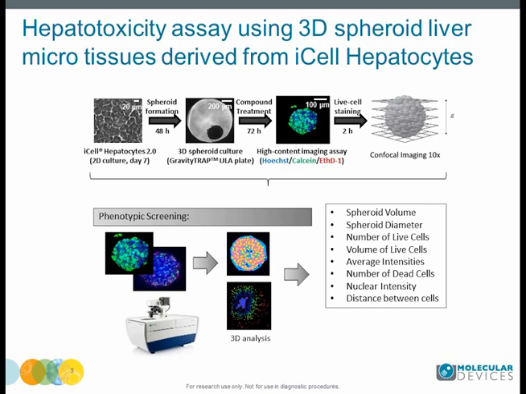After that, live spheroids were stained with calcein AM, Hoechst, ethidium homodimer, or other dyes. Spheroids were imaged using the Molecular Devices MetaXpress Micro Confocal instrument. Images were analyzed using 2D or 3D image analysis to define phenotypic readouts, which include morphological changes of spheroids as well as intensities and also count of different cell types.